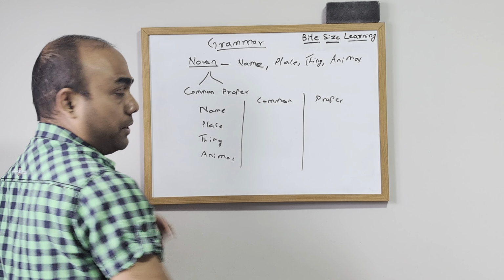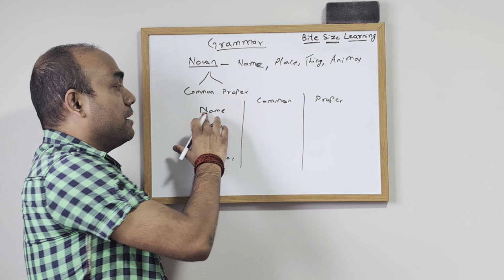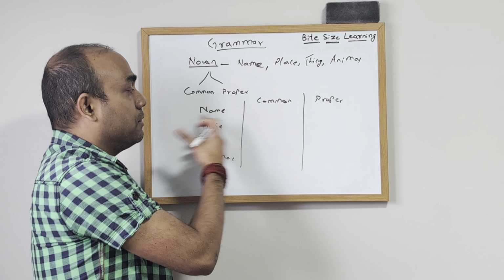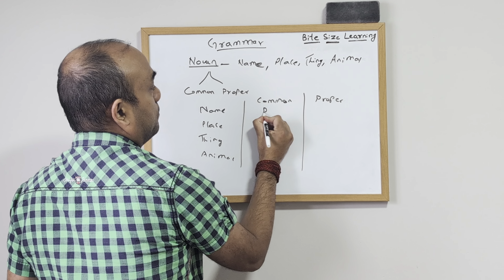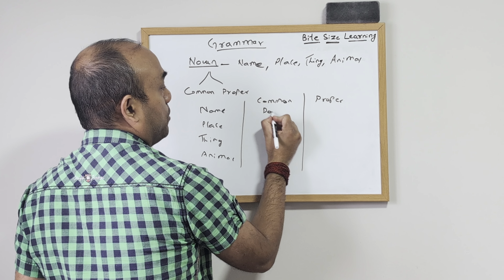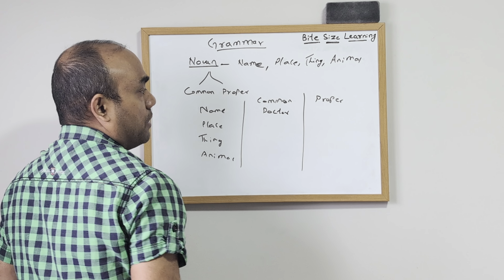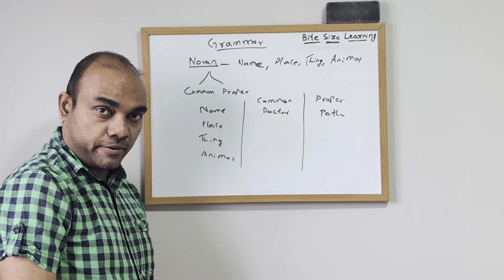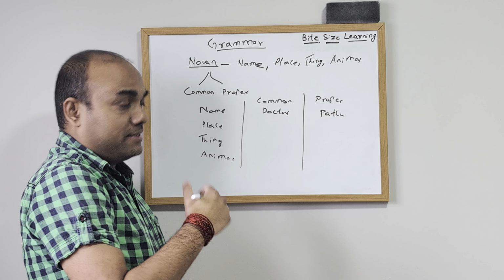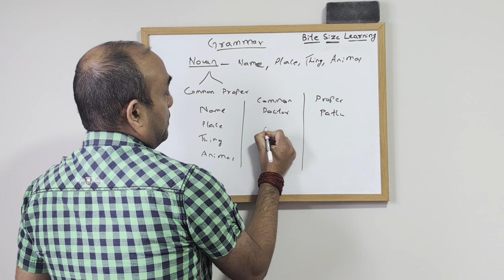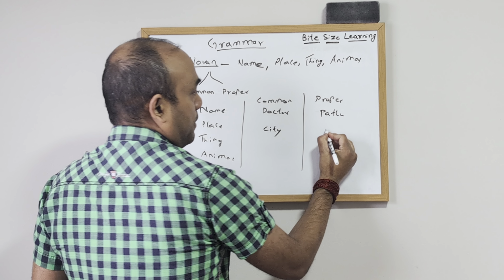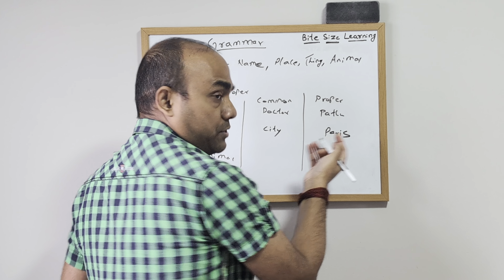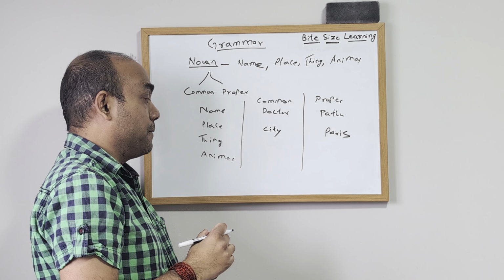So let's draw a table here. Let's say you want to talk about someone as a common noun, someone as a doctor. The name of that person is, let's say, Pattu, correct? Now you have a place. That person lives in a city, right? Paris. It's a beautiful city. Let's take Paris as an example.